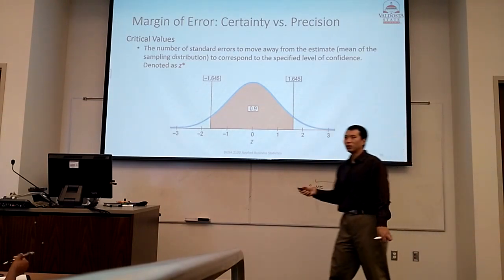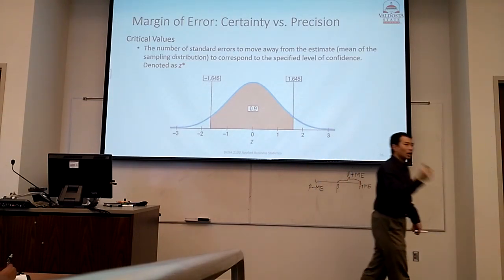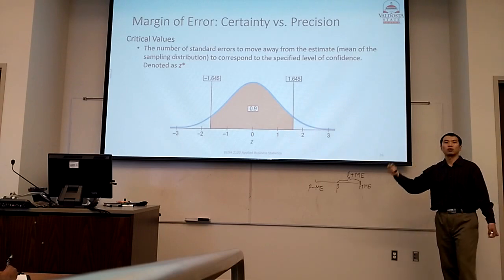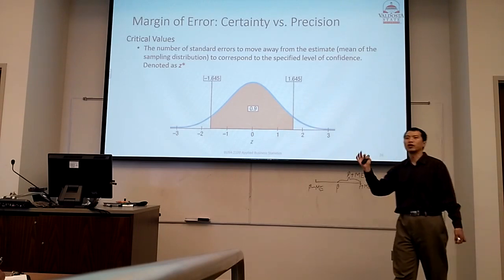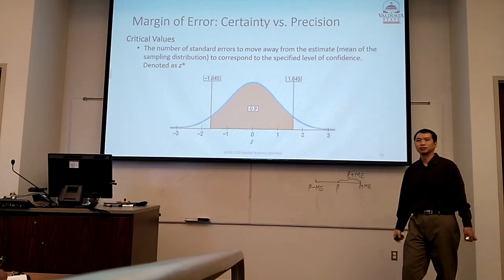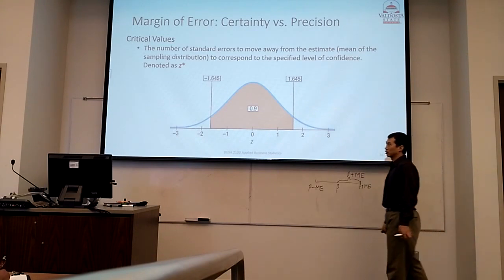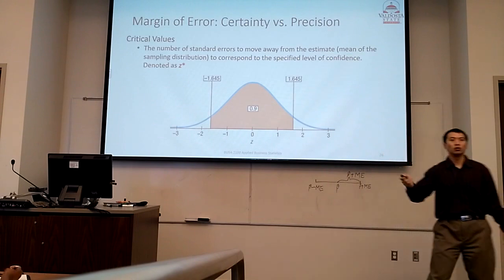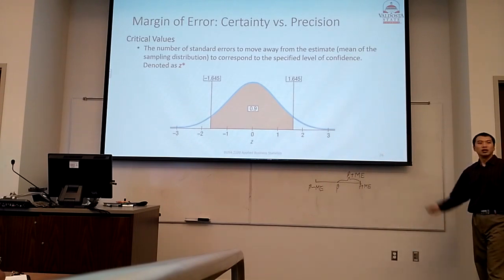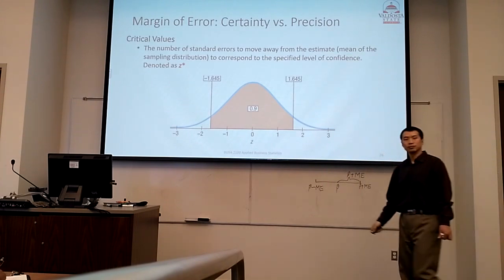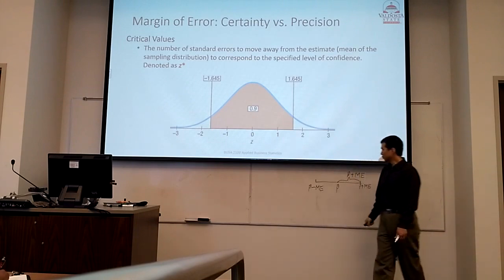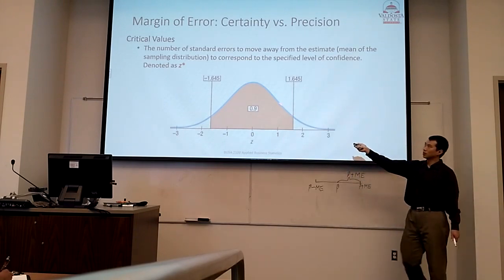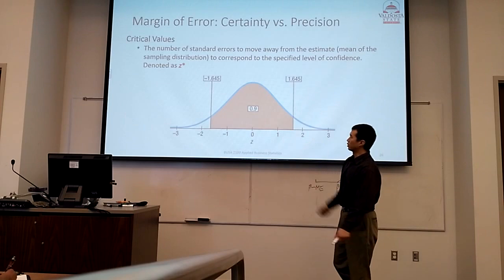The critical value is the number of standard errors or standard deviations away from the estimate. We use Z star to denote this critical value. So how do we find the Z star here?